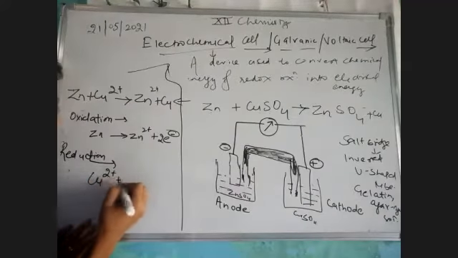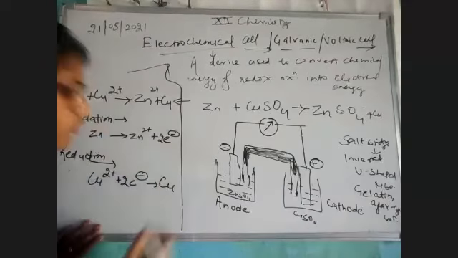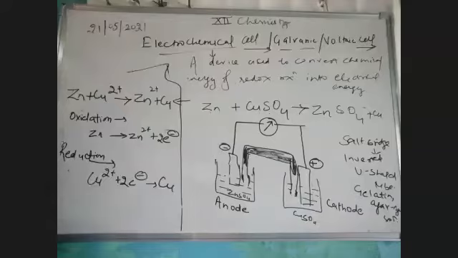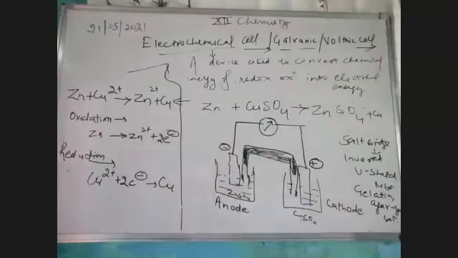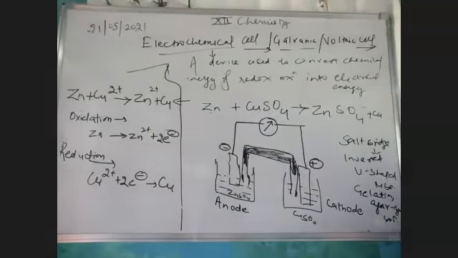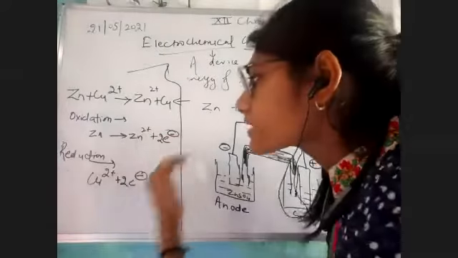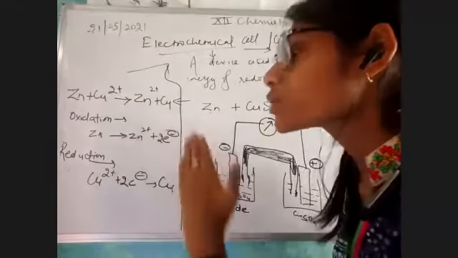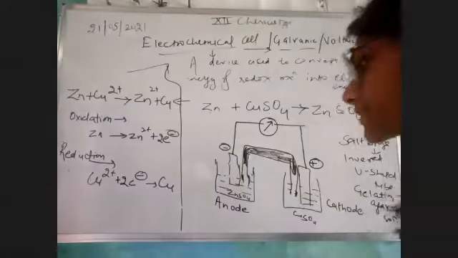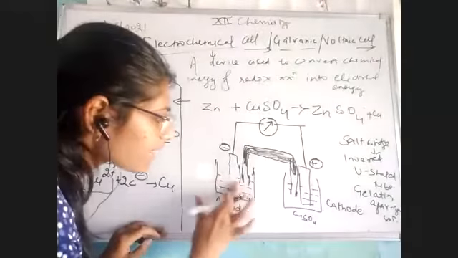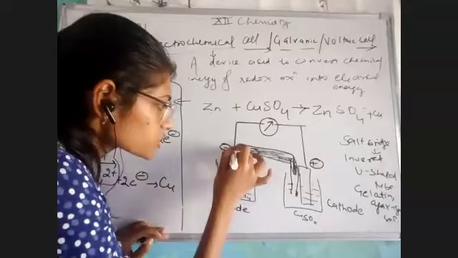Copper 2 positive is gaining 2 electrons and zinc would start shrinking.